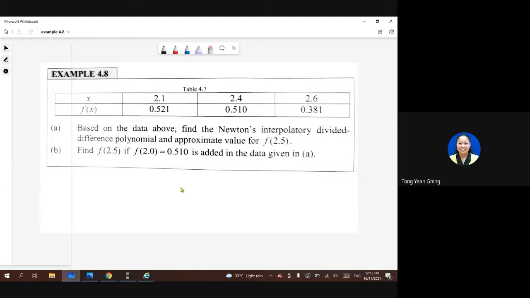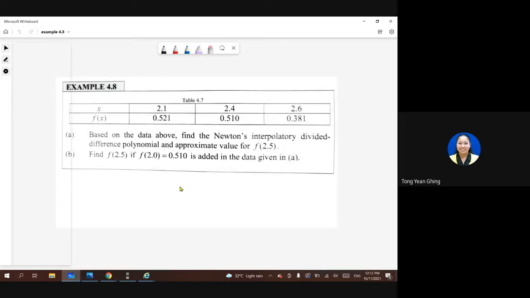And then find f2.5 if f2.0 is equal to 0.510 is added into the data given in A. So sekarang, now if look at this one, basically, okay, kita start dengan A. So that means A here, we have to find the value of y. That means fx when our x is 2.5. Maksudnya kat sini lah, right? 2.5, and we want to find what is the value here.